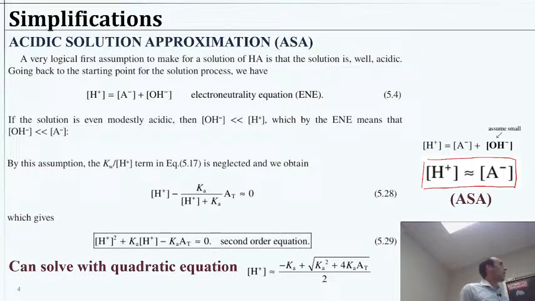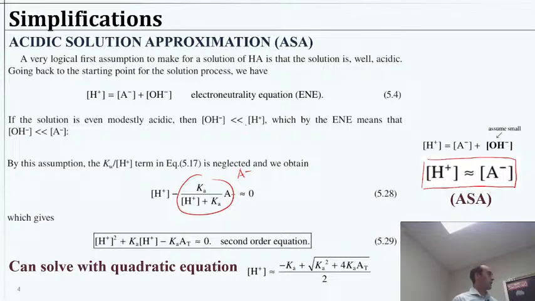So then our equation, instead of the more complicated version we were looking at in the last lecture, now we're going to have this. We're going to end up with H plus minus Ka divided by H plus plus Ka. This here is the term for A minus. We substituted it in there.